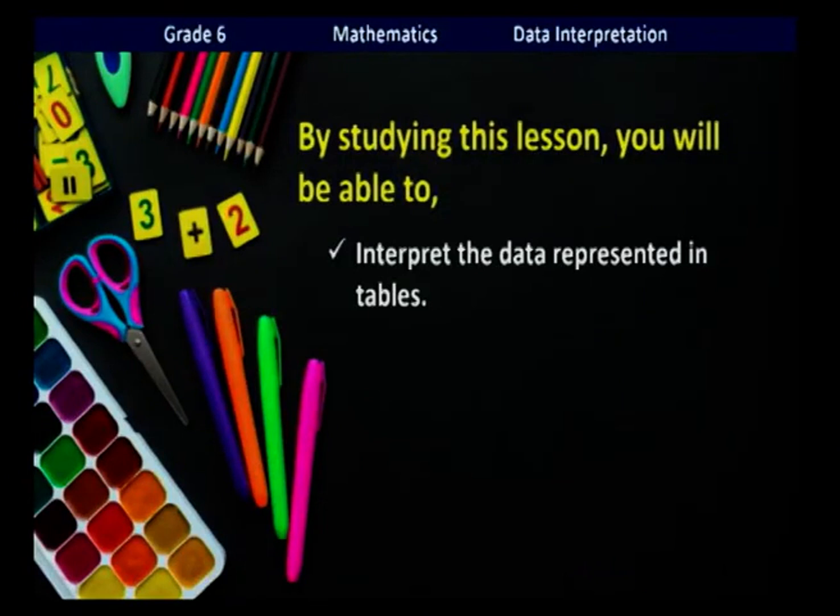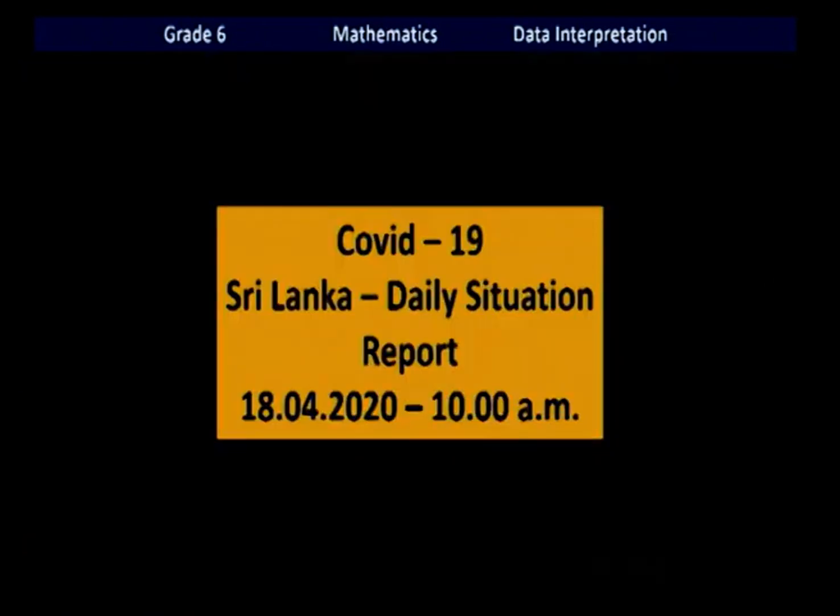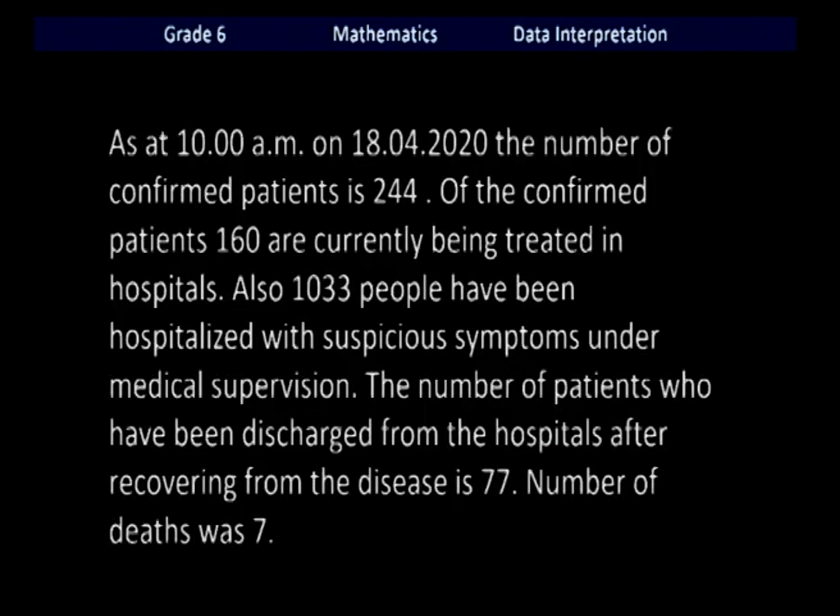By studying this lesson, you will be able to interpret the data represented in tables and in picture graphs. Now I am going to read a daily situation report of COVID-19 in Sri Lanka. Listen to me very carefully, my dear children. As at 10 a.m. on 18th of April 2020, the number of confirmed patients is 244.